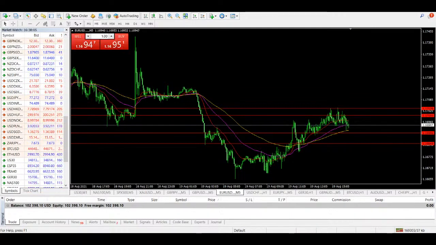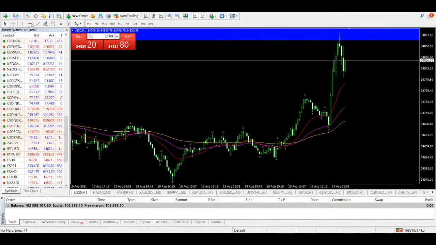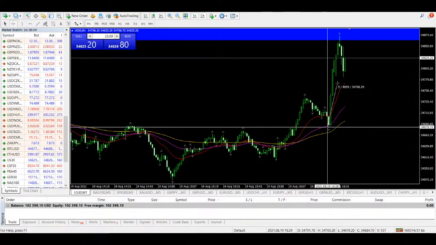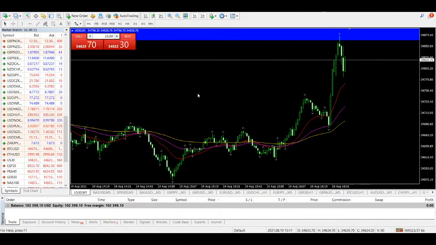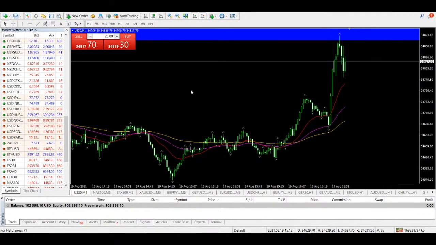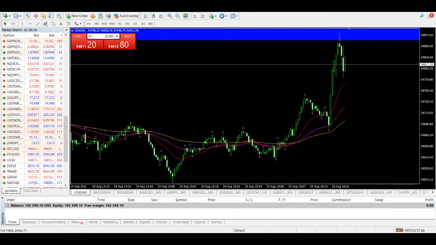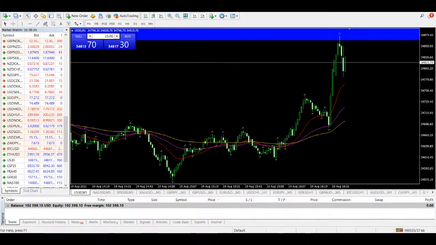Volatility is low at the moment. Man, this was like over 100 points, right? That's 200 points. It's very volatile.